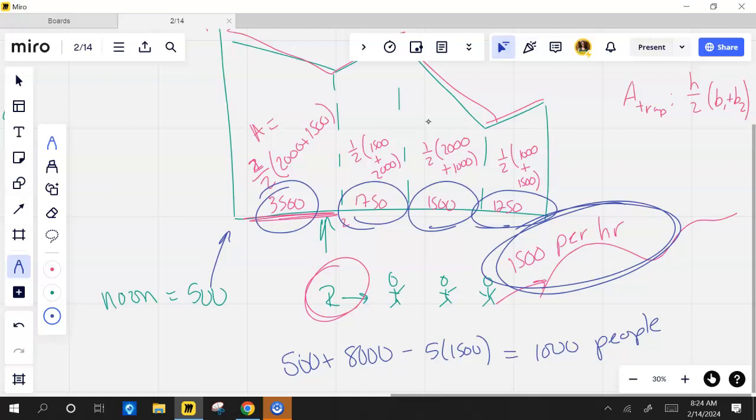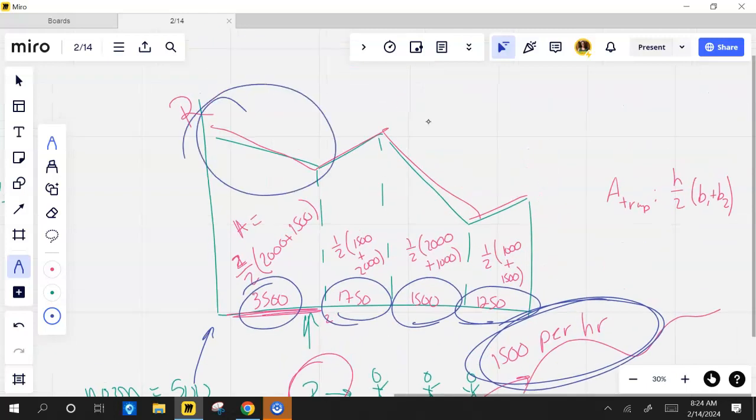Even between noon and 2, the rate's changing, even though that's a straight line. It kind of worked though. You got 1,500? 1,000 plus 500 is 1,500. So I got 500.